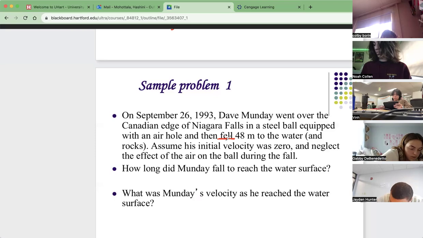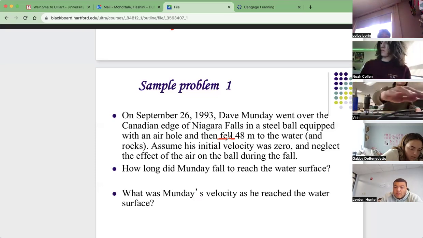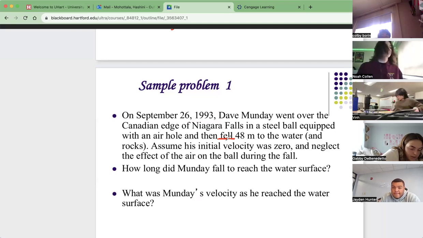This is my positive direction. Up is my positive direction, so everything happens in the downward direction in this case. There is a displacement of 48 meters in the downward direction, therefore I take it as negative 48. Give me a second, I will write this down and then stop sharing the video.